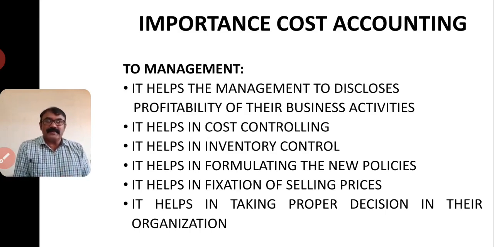And secondly, it helps in cost controlling. How does it control costs? First of all, in cost accounting, it fixes the budget expenses. They will prepare the budget for the expenses, and whatever budget has been prepared will be compared with the actual expenses.